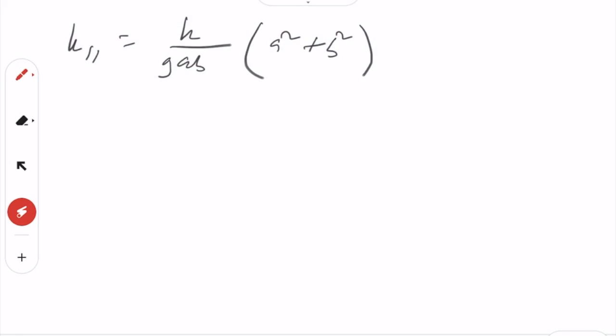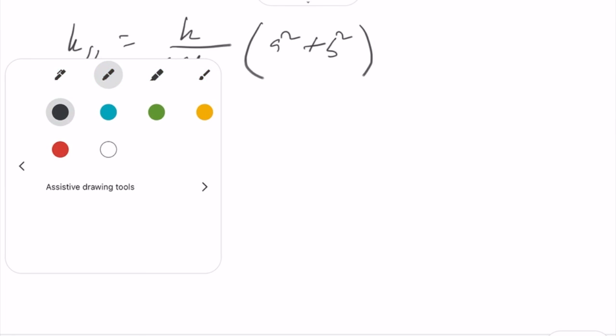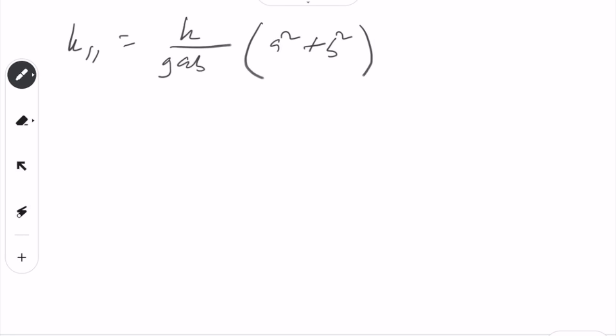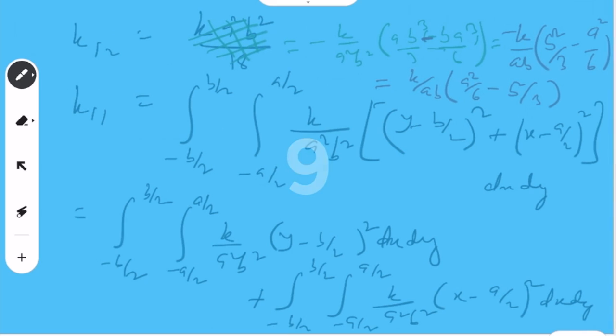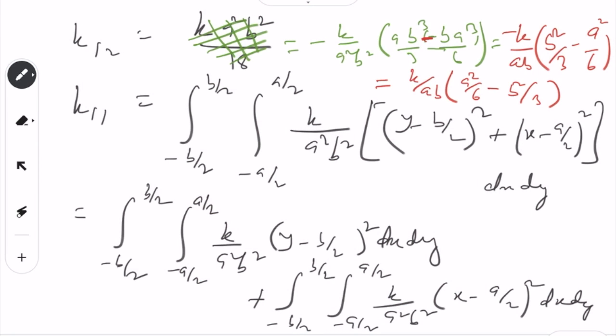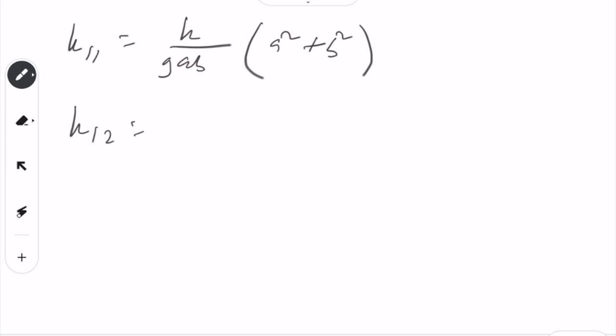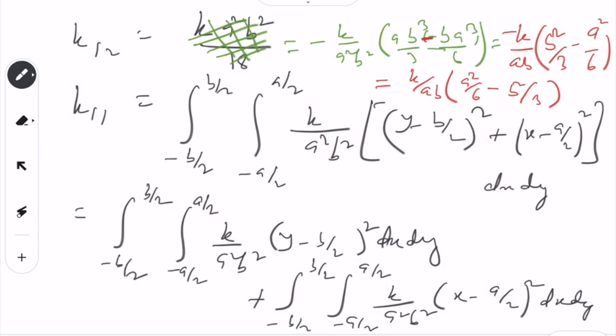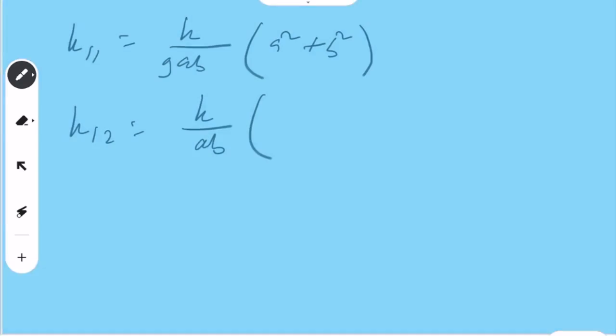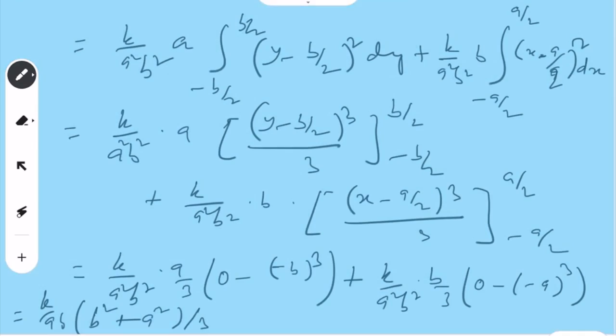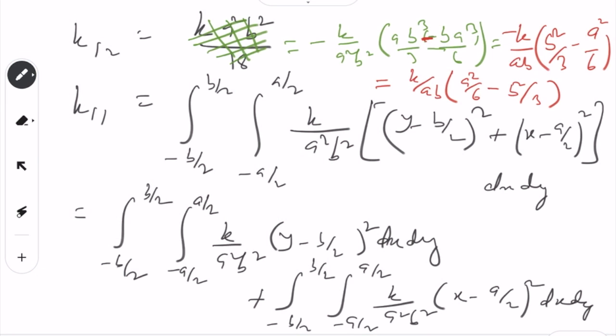So like this one, we can write here that k12 is equal to k over ab, and then a square over 6 minus b square over 3.